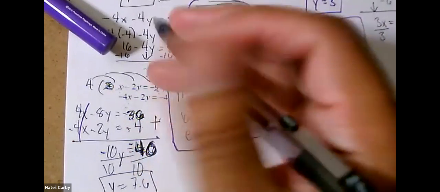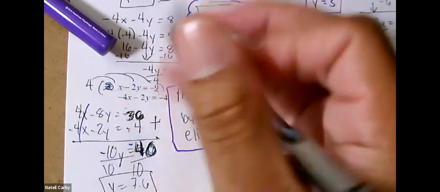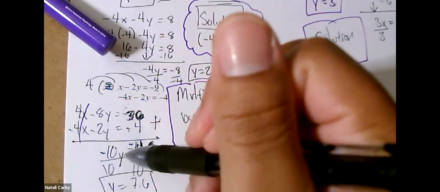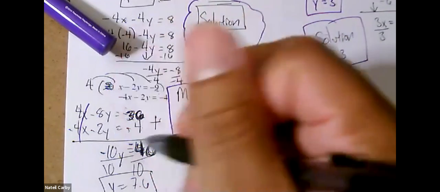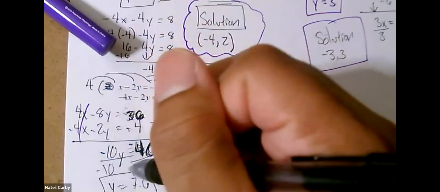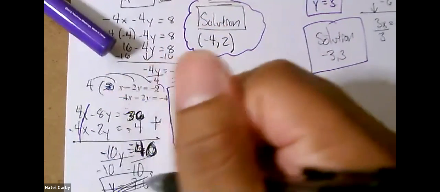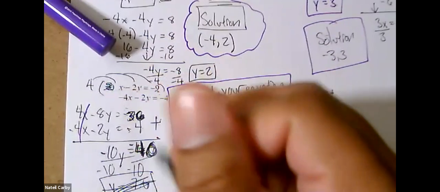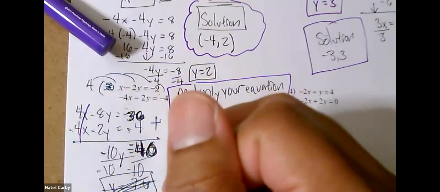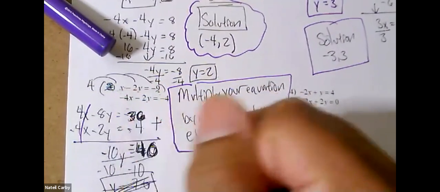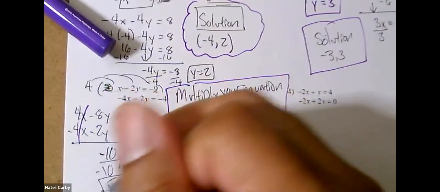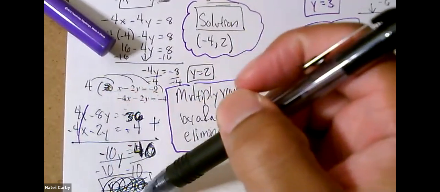And negative 10. Hold on. Why is it 4? There we go.